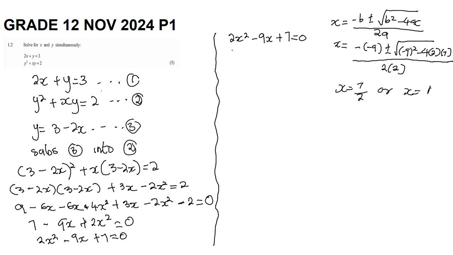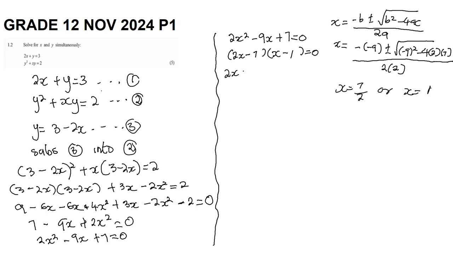So now you have your factors. Just put brackets here. Since x is equal to 7 over 2, when you put it in brackets it has to be 2x minus 7, and since x is equal to 1, in brackets it's going to be x minus 1.